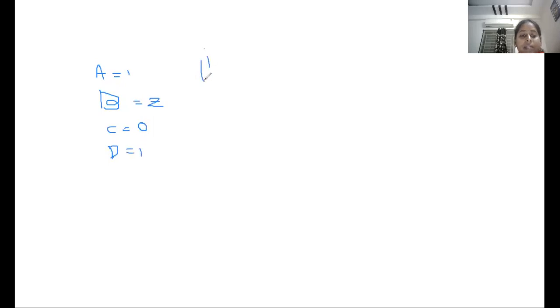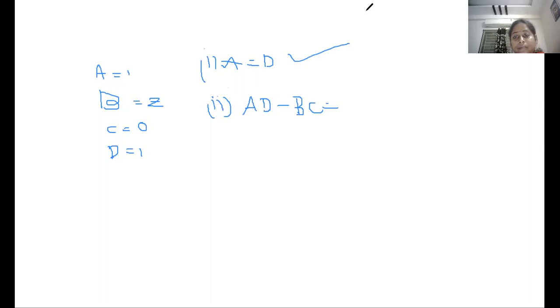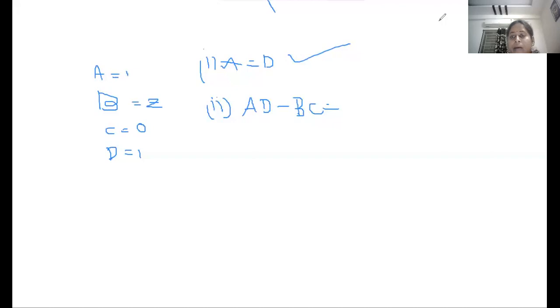The first condition is A equal to D. Satisfied? Yes. And the second condition is AD minus BC equal to 1. Here A value is 1 and D value is 1.